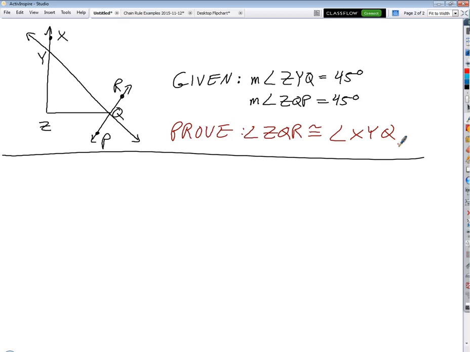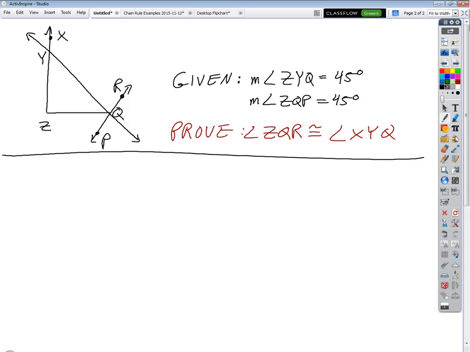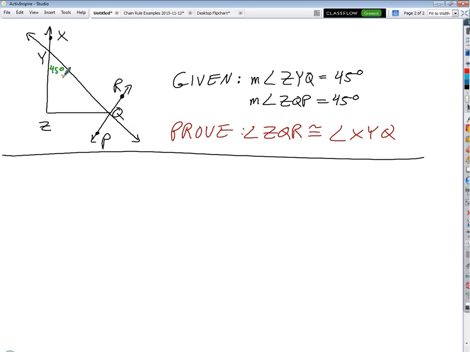So there's the picture. It's beautiful. Beautiful picture, I agree. We're given that the measure of angle ZYQ, and we could even draw this in here if we want to, ZYQ, so that's this one right here, is 45 degrees. And we're given that the measure of angle ZQP is 45 degrees.